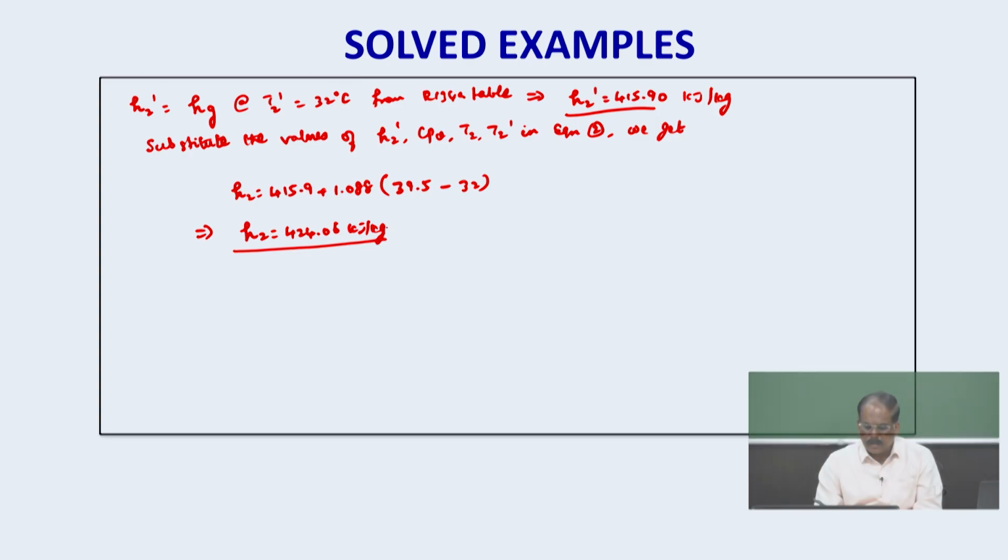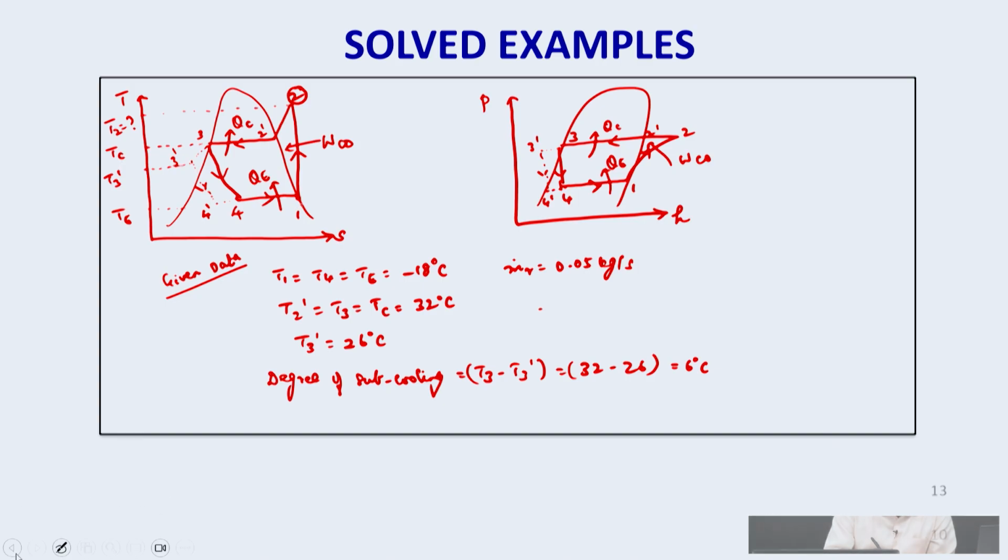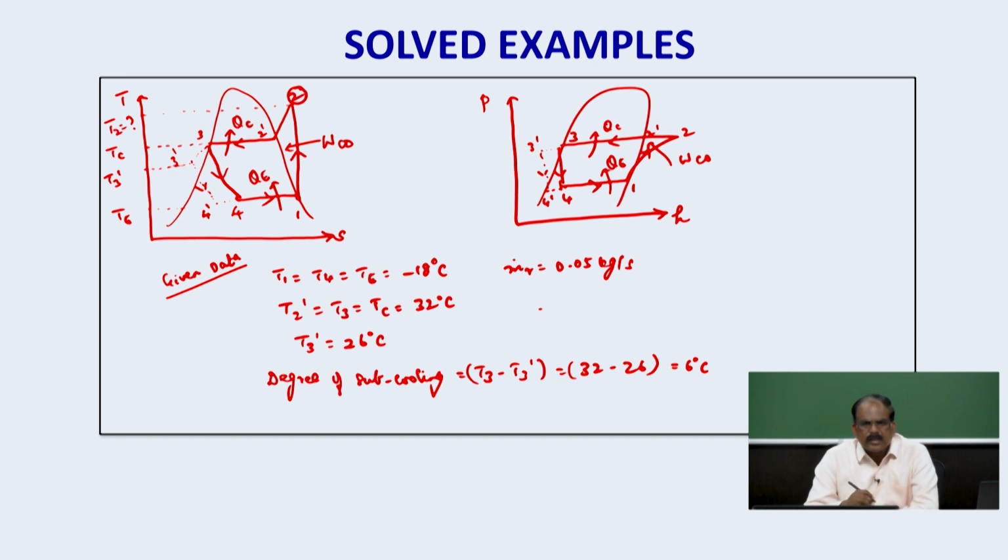If you look at the diagram, we have found the enthalpy at 1 and the enthalpy at 2. Now we will find the enthalpy at 3, but because this problem involves subcooling, we have to find the enthalpy at 3 dash, the enthalpy of the refrigerant after subcooling, that is in the subcooled state.